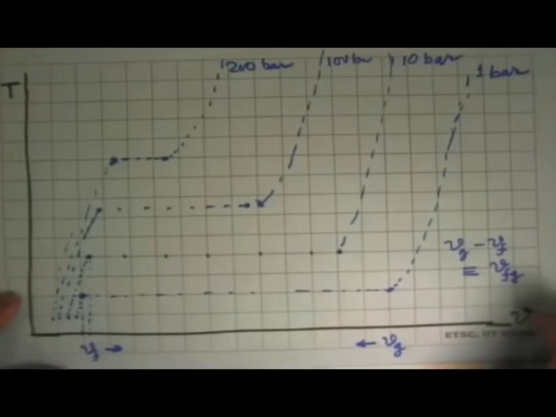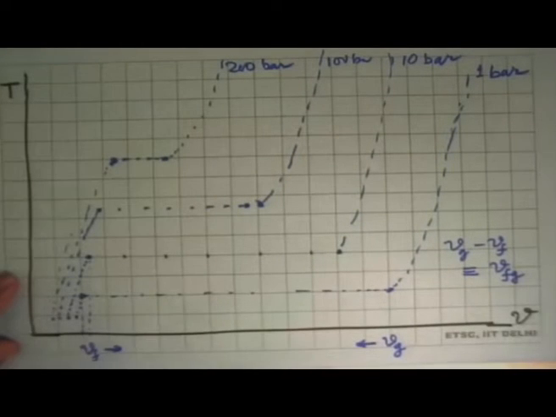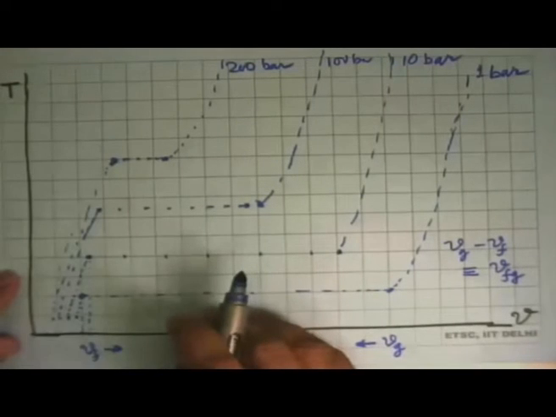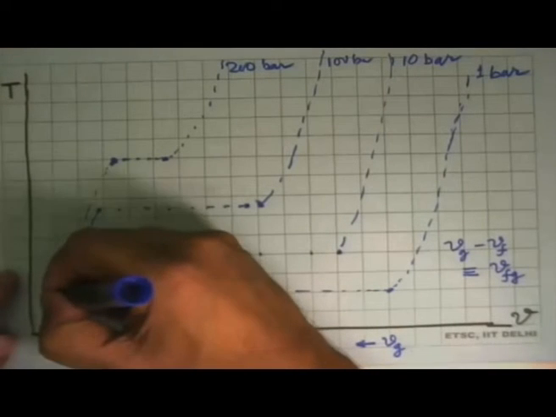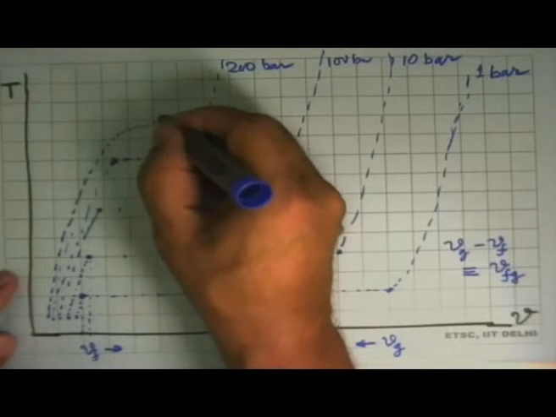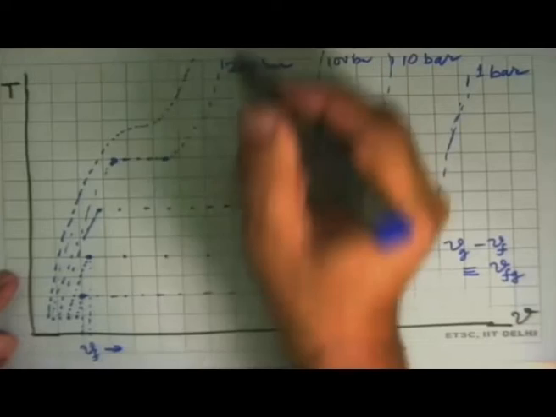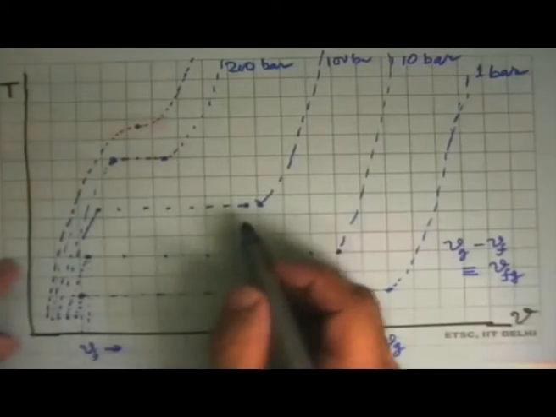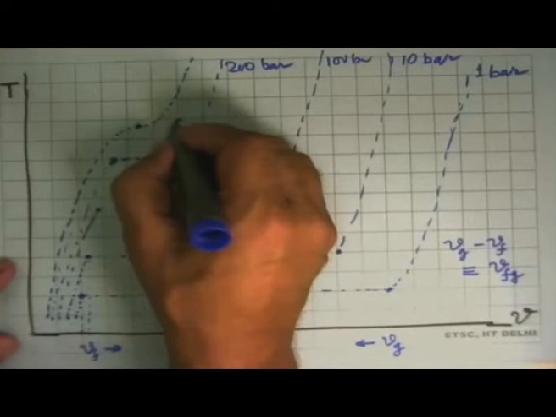And then there is a unique pressure for every substance at which this part becomes zero. That means this curve, which is coming like this, has a point of inflection and continues like this. That means at this point, the slope is zero. This is what is called the critical point.